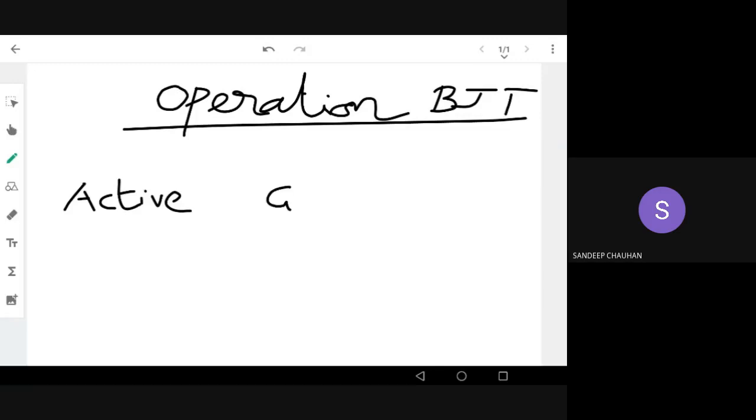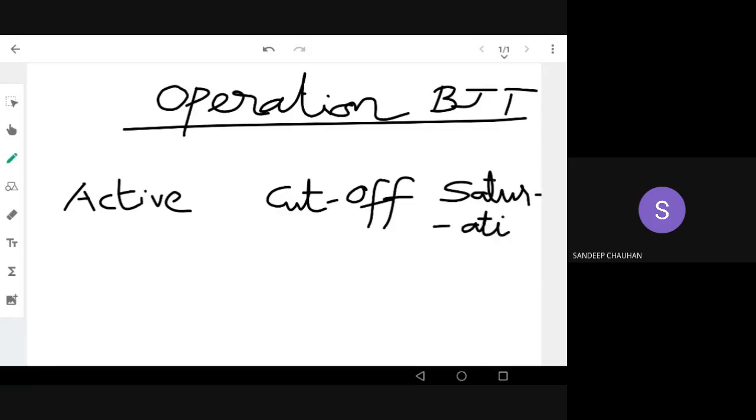Then another region is the cutoff region, and the third region is the saturation region of a transistor. Right. These are very important. These are the most important questions: what are the different regions of operation? Although there is one more region that is not so important, we will discuss it definitely. Okay, so what are these active, cutoff and saturation regions?